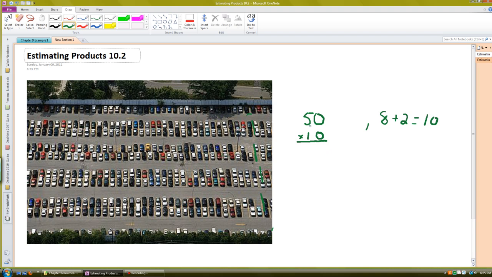Okay? The nice thing is, because these are multiples of 10, all we need to do is to multiply the non-zero numbers and add the number of zeros that we see. So we get 5. 1 times 5 is 5, and there are 2 zeros. So we could tell somebody that there is approximately, and this is the symbol for approximately, it's a squiggly equal sign. There are approximately 500 cars in this parking lot.